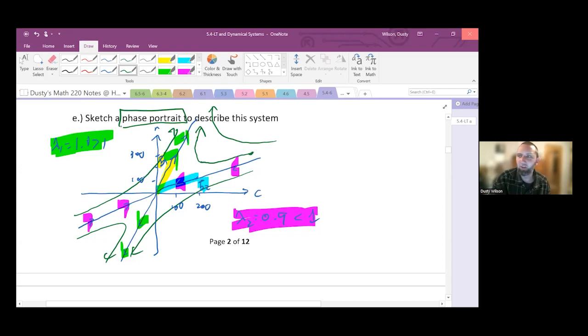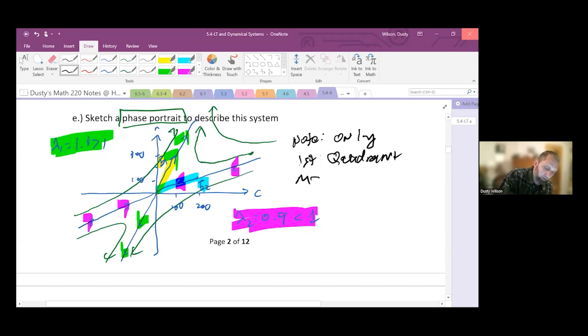Notice that in terms of reality, which is sort of important, note only the first quadrant makes sense, at least with roadrunners and coyotes. The math doesn't care.